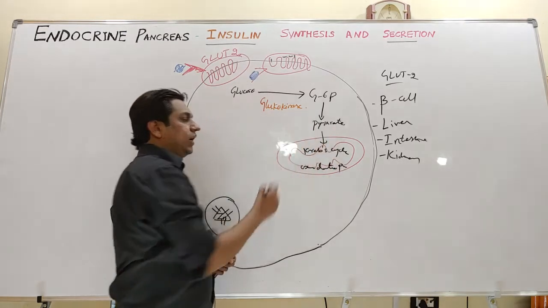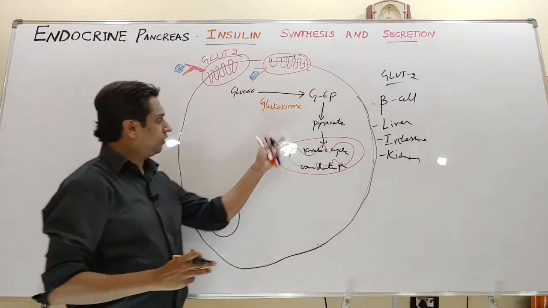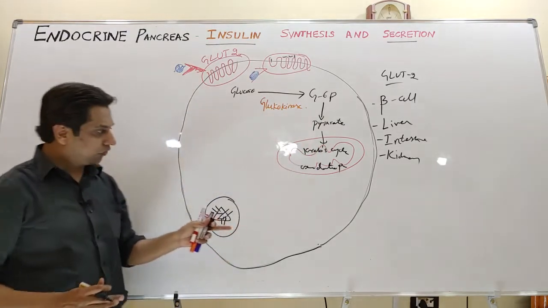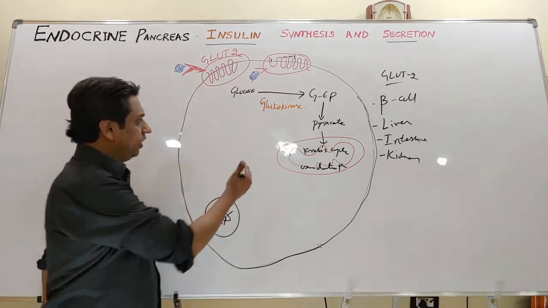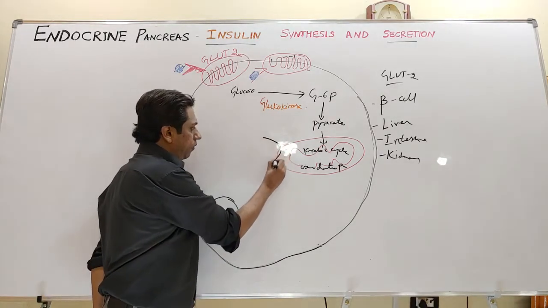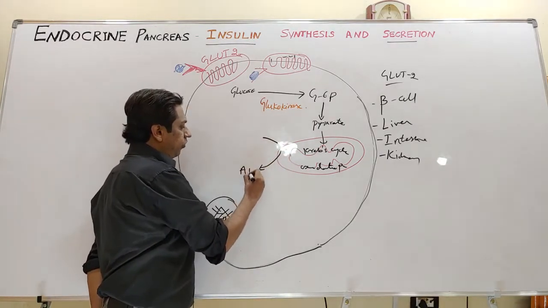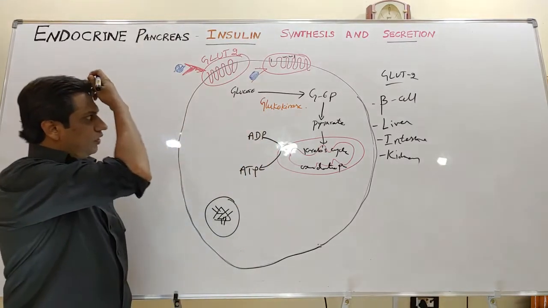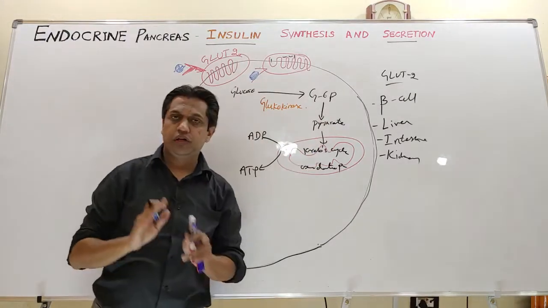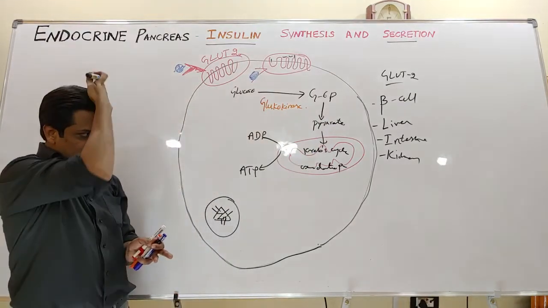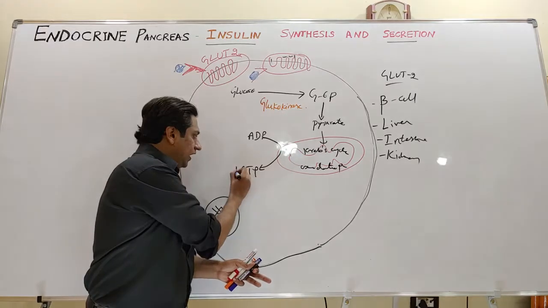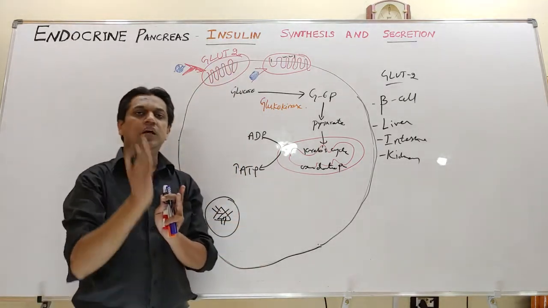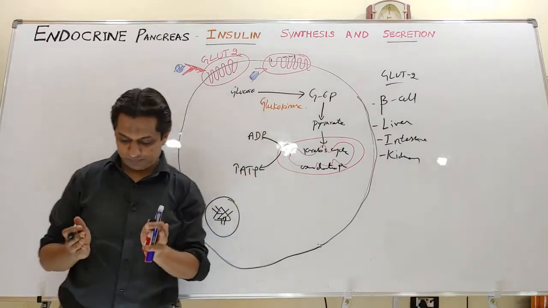So the glucose gets associated with the Krebs cycle and oxidative phosphorylation, and the final product is the formation of ATP from ADP. With glycolysis, the Krebs cycle and oxidative phosphorylation, ultimately ATP is formed in the cell. So once the glucose enters, ATP is formed, and the ATP level increases because of these chemical reactions.